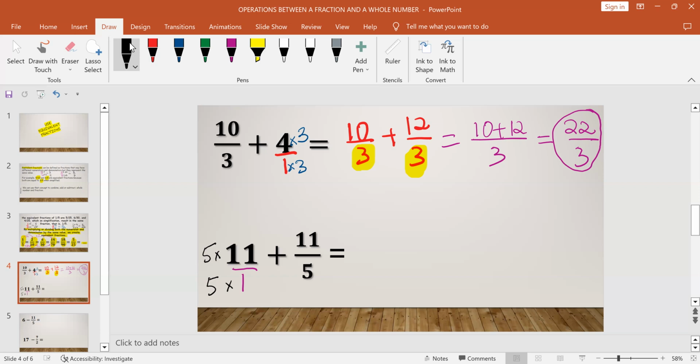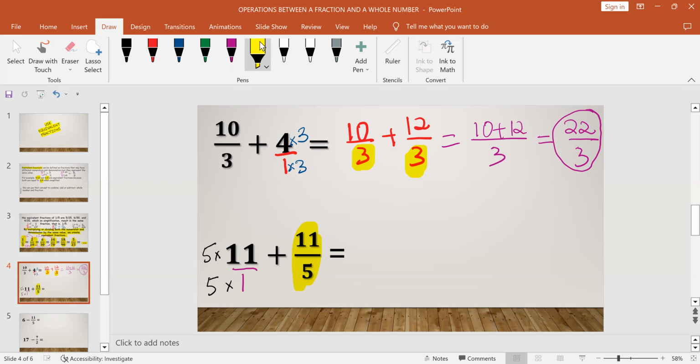Now the question is, why do I multiply the numerator and the denominator by 5, but not another number, like 4, 3, 7, or whatever? The answer is this. This fraction here has a 5 as a denominator.